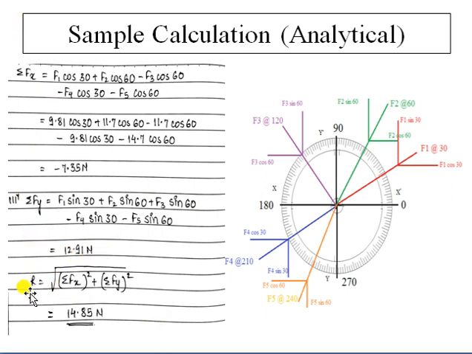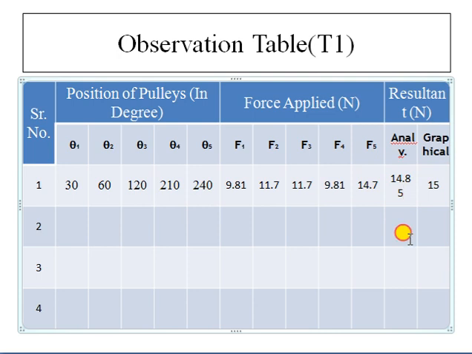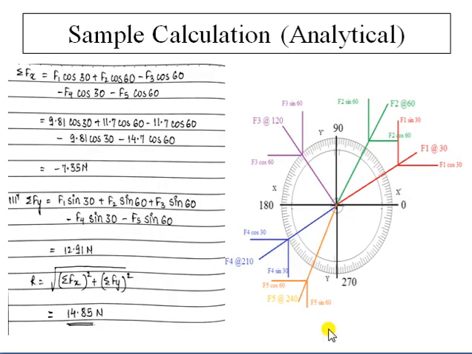Now the resultant of these two will be the square root of Fx square plus Fy square, which is equivalent to 14.85. So this is how we obtained the analytical value as 14.85, what I have shown here in the table. Now this is the analytical part of the calculation. Let's move to the graphical method.